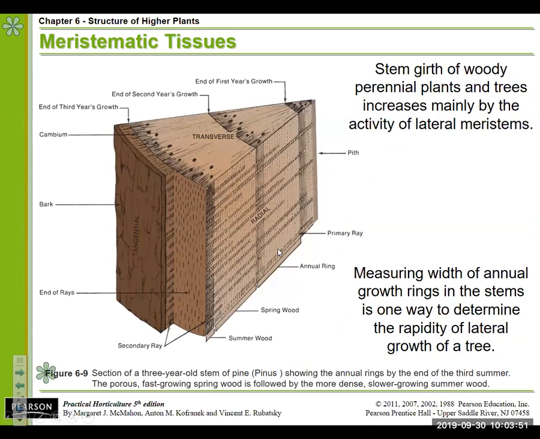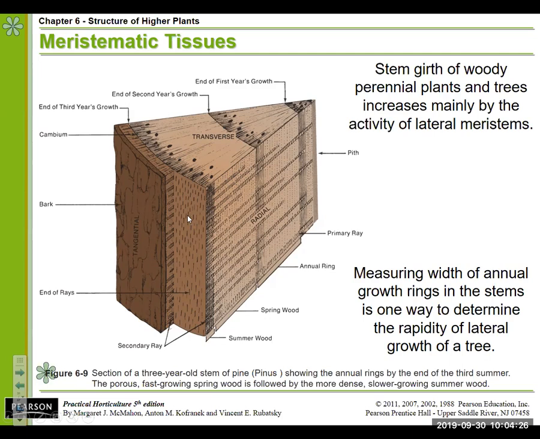So here's a cross-section of the stem of a woody plant. And we see this in some herbaceous plants as well, the woodier perennials. So the girth of the stem is actually increasing, and it's by these lateral meristems. And in this case, we can use these alternating rings of growth as a way to age the plant in woody plants.